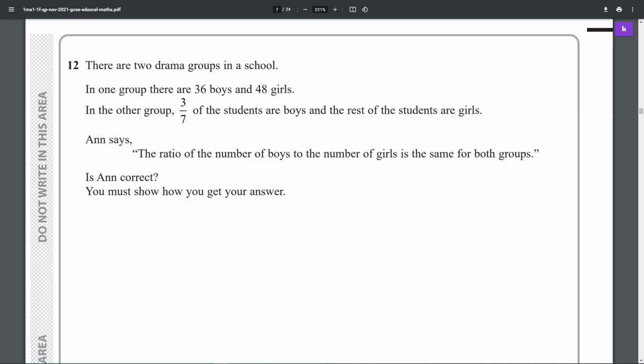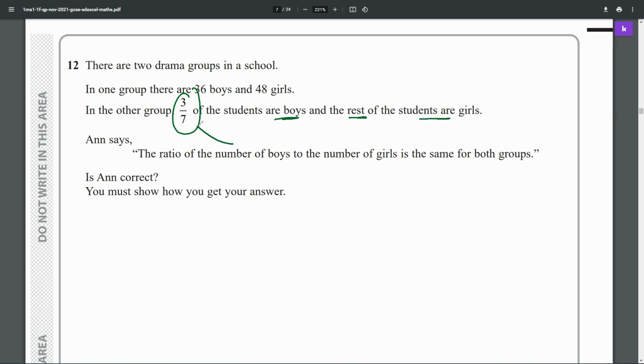All right, let's go through this one now. There are 2 drama groups in a school. In one group, there are 36 boys and 48 girls. In another group, there are 3/7 of the students which are boys and the rest is girls.